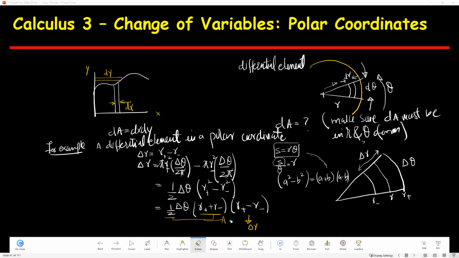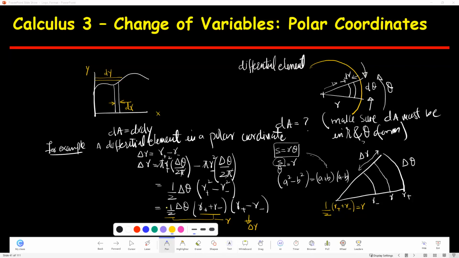So I'm going to call this r. How? If I have the average of r plus and r minus, this should equal r, right?